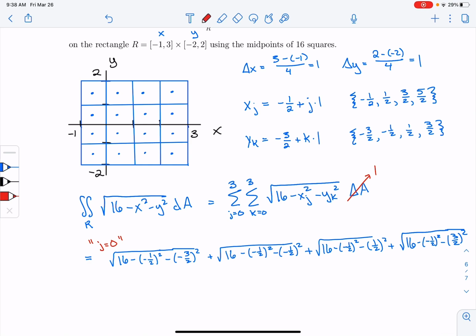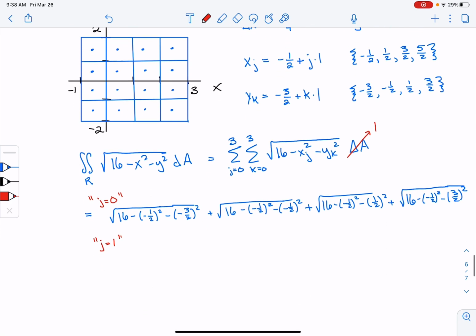Then we would move down to when j equals 1 and add more terms.